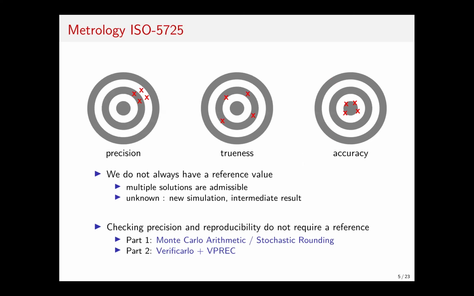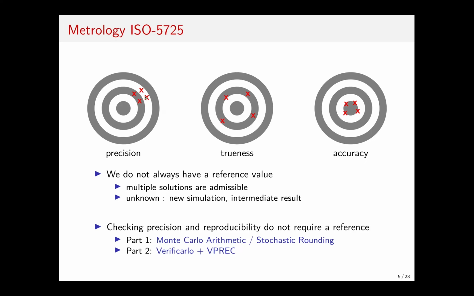If we are going to talk about errors, about reproducibility, we need to introduce a bit of vocabulary of metrology. So we have 3 qualities. We have precision, trueness, and accuracy. Precision is not going to tell if our result is close to the real solution, but it's going to tell us the spread between repeated computations.